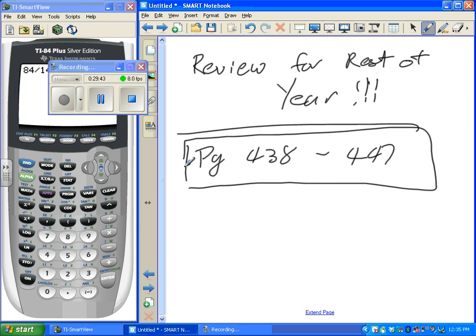Find any space in your blue notebook to write it. I realize I did not give you a whole bunch of pages at the end, so use any space in your blue notebook. There's almost 10 pages of work. That's the entire course review. Do them all. That way you're a genius.